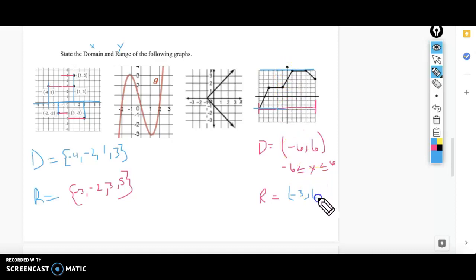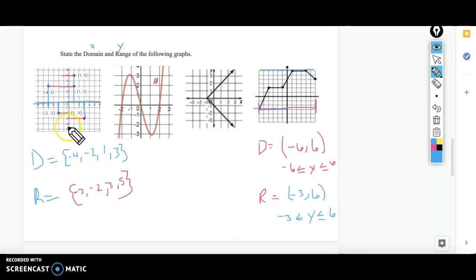Yep, perfect. So that's our range. Again, when we want to write that as an inequality, we'll go with our lowest number, which is at -3. We'll go this way. We'll put a y this time since it's a range dealing with y, not x. Then we'll put our other inequality and our 6, just like that.